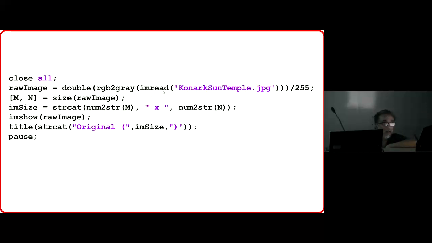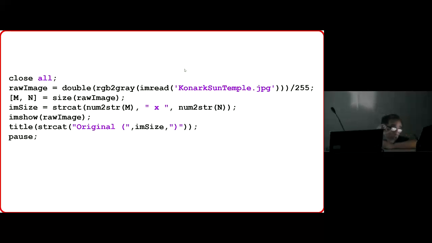Now it will be a matrix. Actually, it will be a three-dimensional matrix because you have R, G, and B. Okay, and then I'm converting it to a grayscale image, rgb2gray. Okay, but so now it's a two-dimensional matrix, and the pixels will be between 0 and 255. 0 for black and 255 for white.